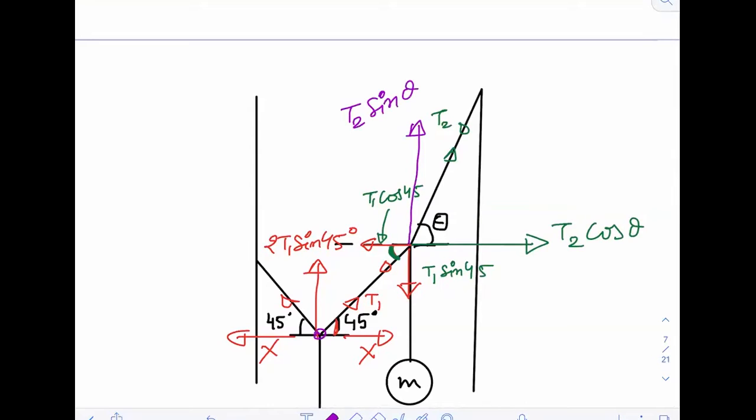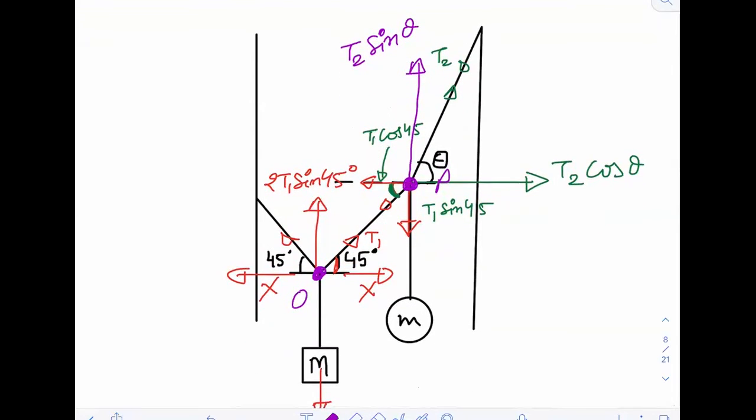Now I'm marking this point as O, this point as P. For this figure, just check the horizontal forces and vertical forces, and then you can solve for this theta.